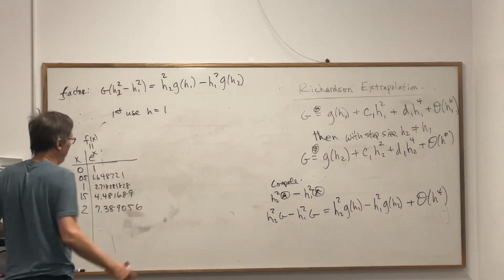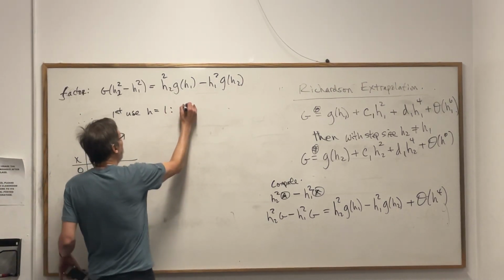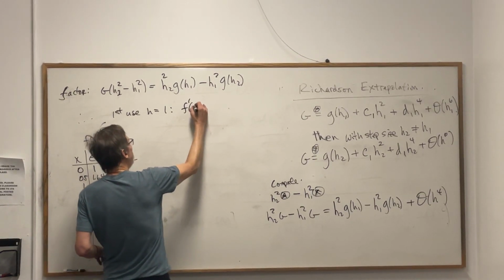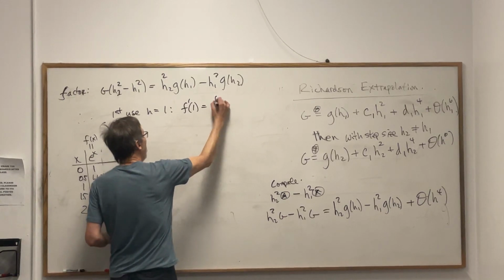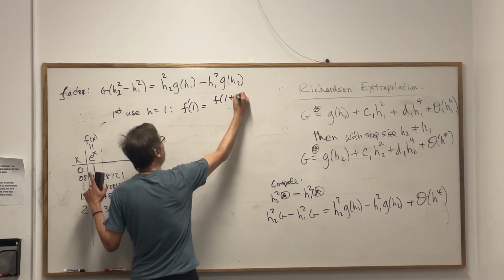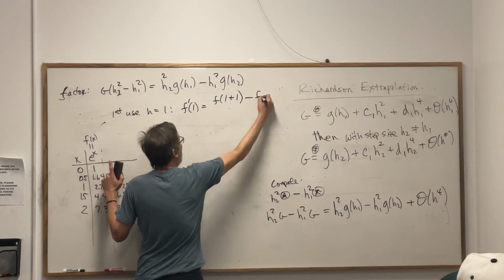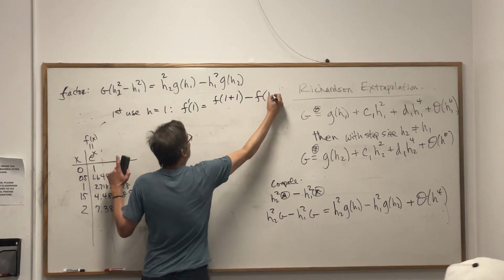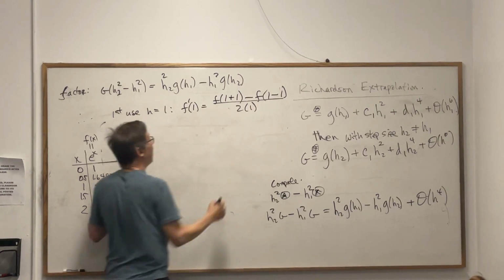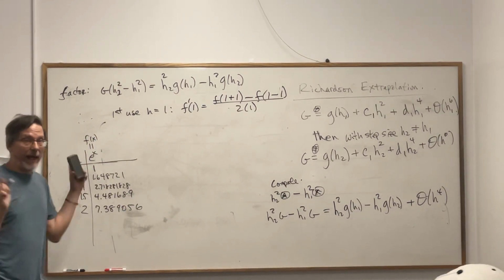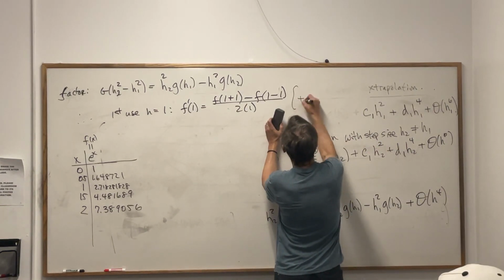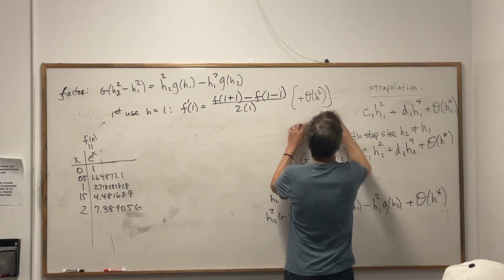The formula is f prime of 1 equals f at 1 plus h minus f at 1 minus h, over 2 times the step size. That's my central difference formula, and I just remember that this is order h squared.